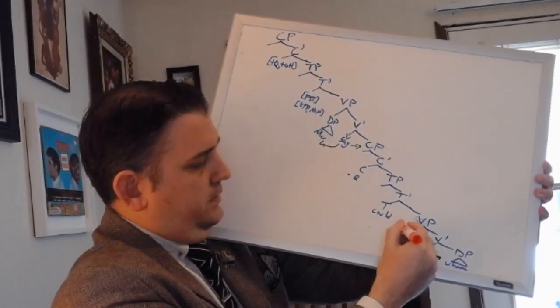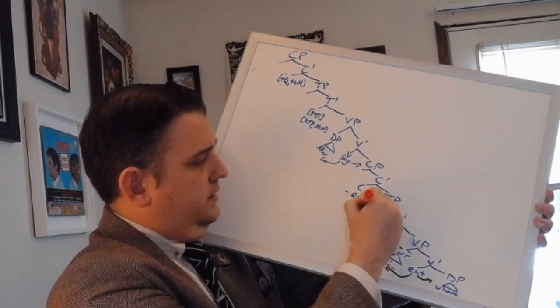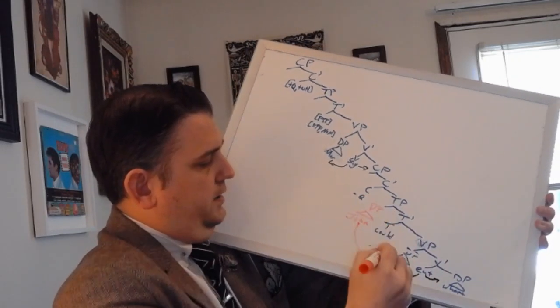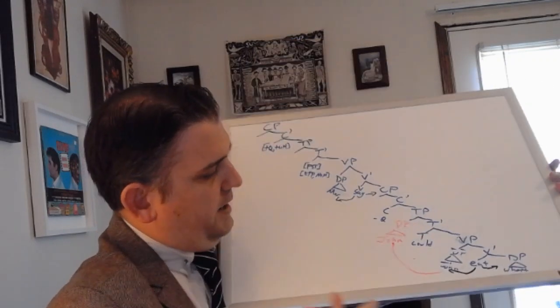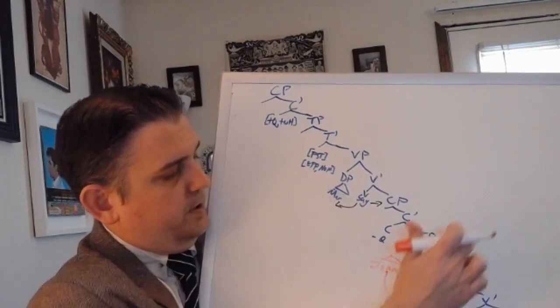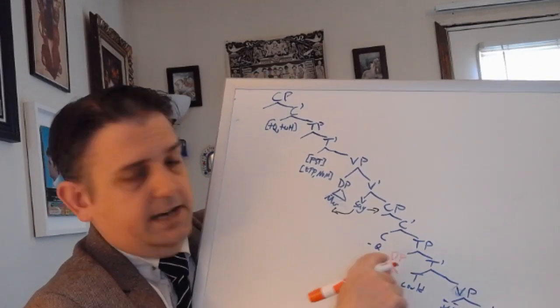Then we have to move stuff. So we're going to get movement of John to the specifier of TP, and this is to satisfy both the EPP of this lower TP, which should have been marked here, but I forgot to mark it, and also to satisfy the case requirements of the DP John.